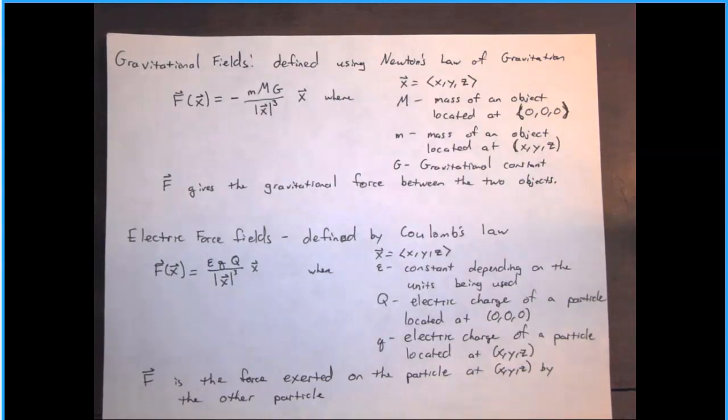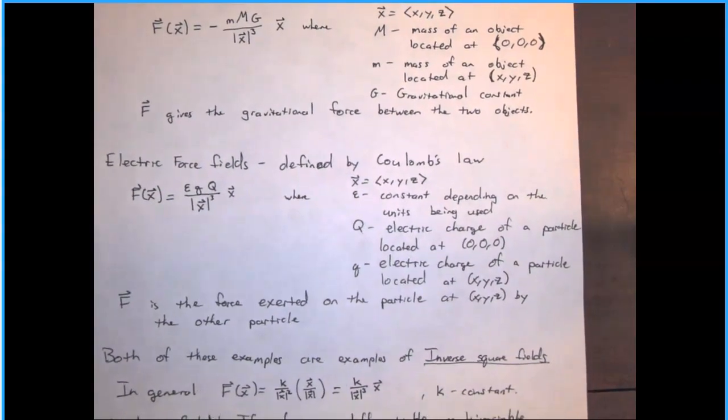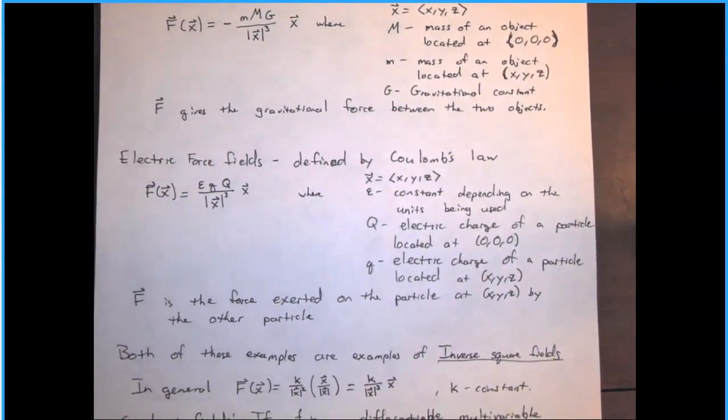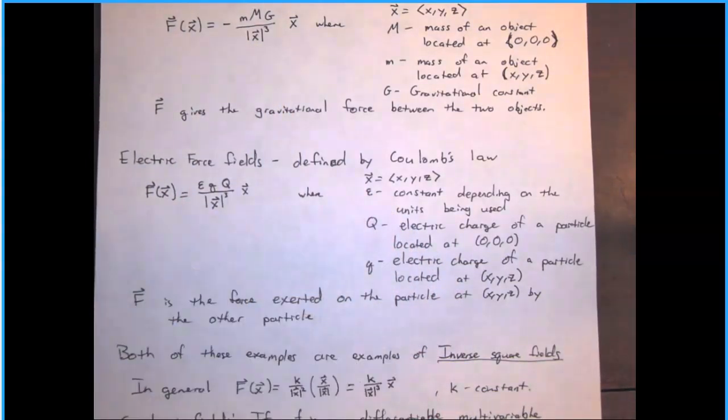Now both of these vector fields look similar, and they can both be described in the same way as inverse square fields. You might say, why is it inverse square if we're dividing by the magnitude cubed? Well, it's called inverse square because we think of the input as a unit vector, and then we have some constant being divided by the magnitude squared.